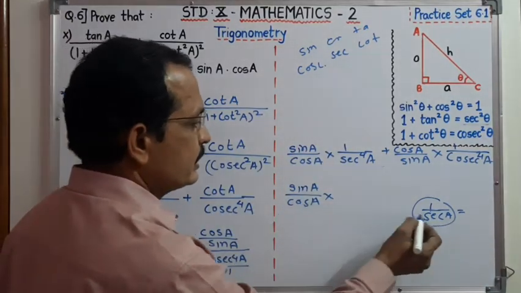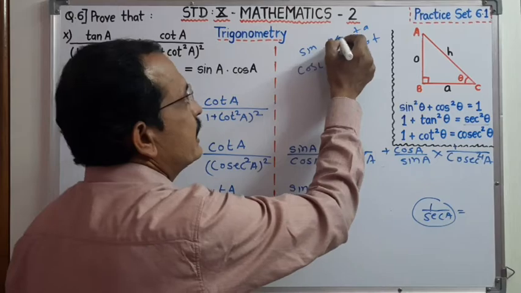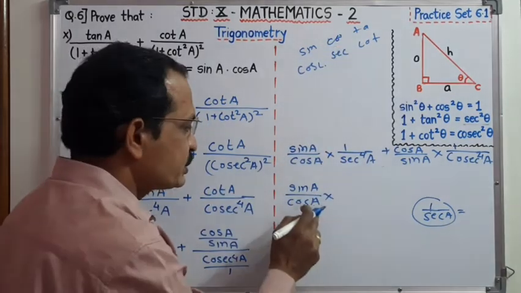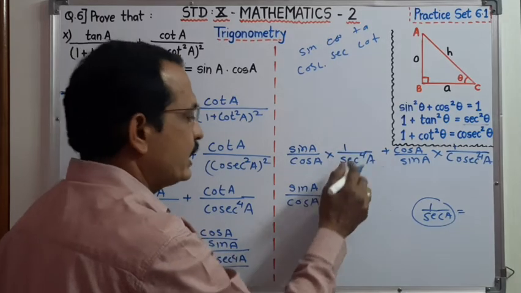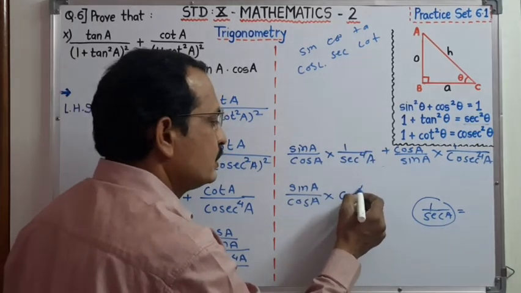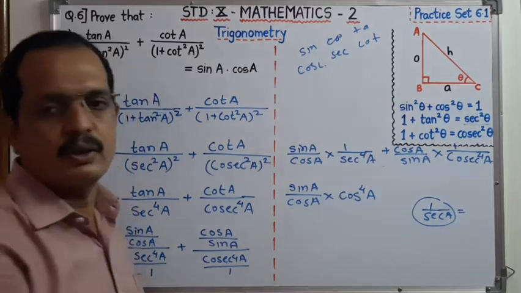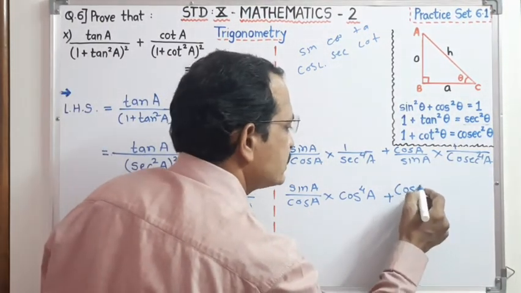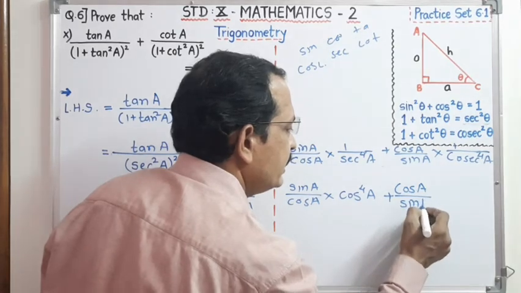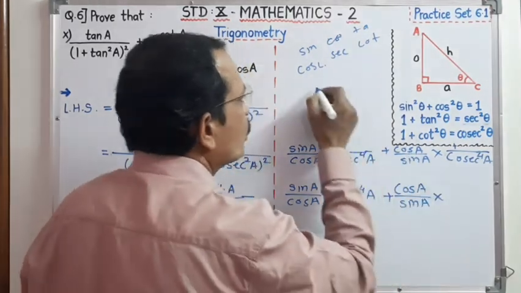In this case, see here 1 upon sec and cos are inverse. Therefore, instead of this 1 upon sec raised to 4A, we can write here cos raised to 4A. Got it? And here plus this cos A upon sin A into 1 upon cosec A.